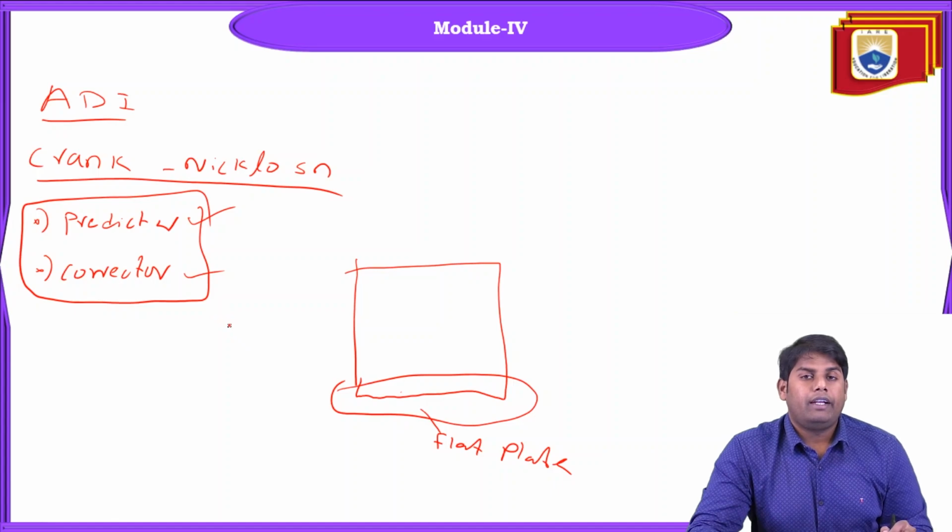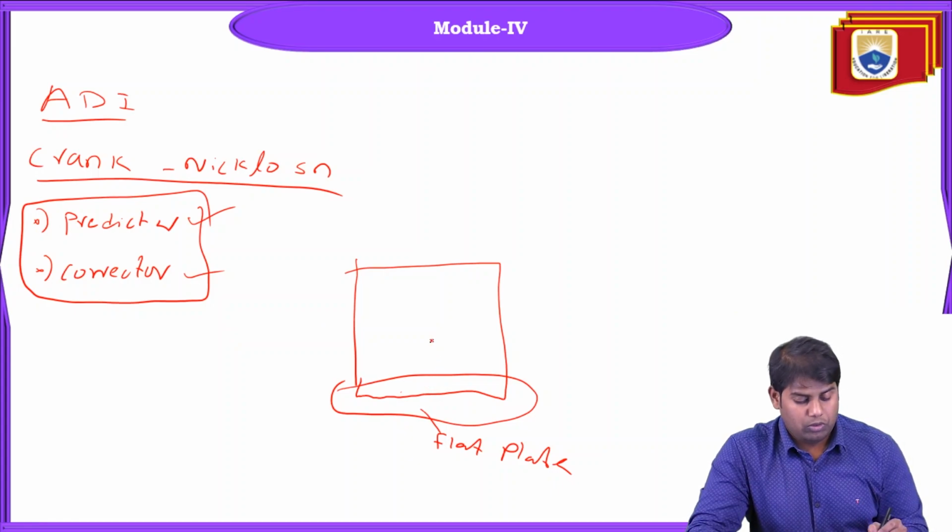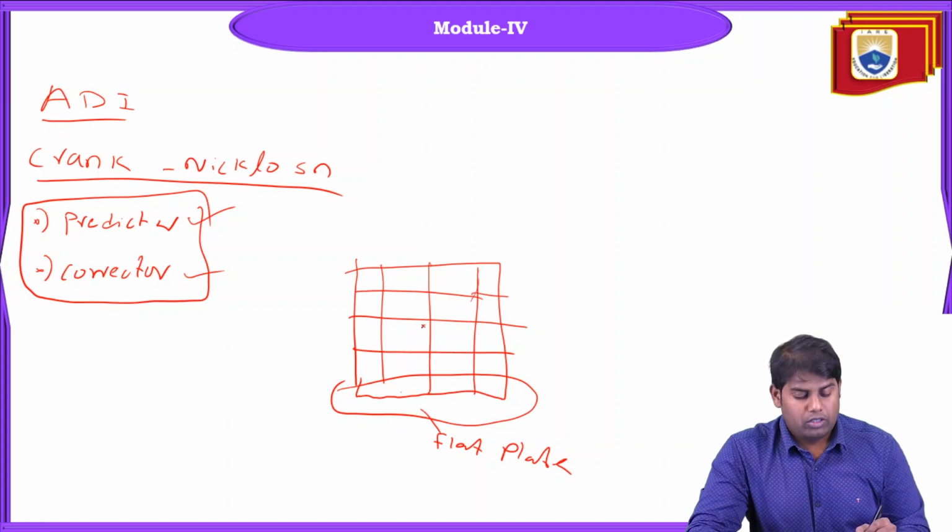We have some Blasius solutions for the flat plate, and we have some approximate solutions which will give you the value of delta, the boundary layer thickness, or the u value, with respect to Reynolds number. So these things are available. Here we need to see what kind of initial values. When we take the mesh, we need to supply, at each and every grid point, the value of velocity, pressure, temperature and density.